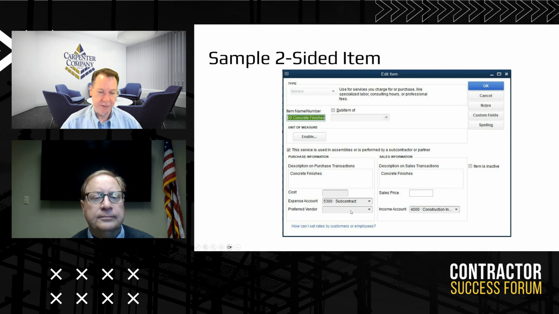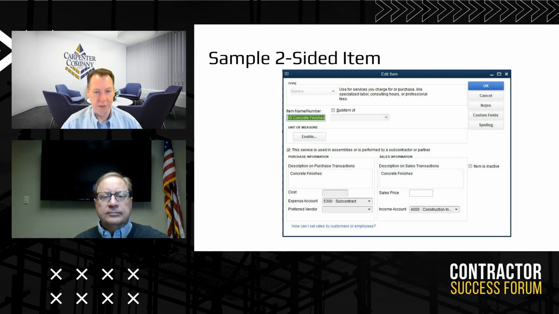But the items that are set up are traditionally one-sided items. That's by default. And so this particular concrete finishes, in this particular case, it would have been mapped to a subcontract. It's mapped to an expense side of it. But when we actually check this little box, and there is a corresponding box on the QuickBooks Online used for sub-assemblies and all that stuff, that allows us to get what I refer to as these two-sided items, so we can also point it to the income.